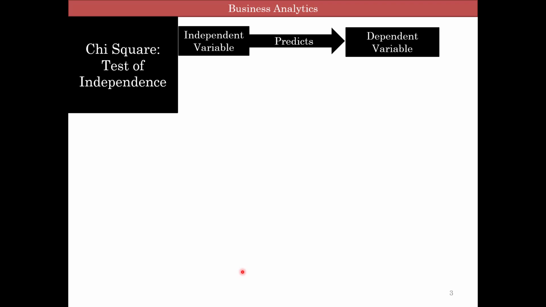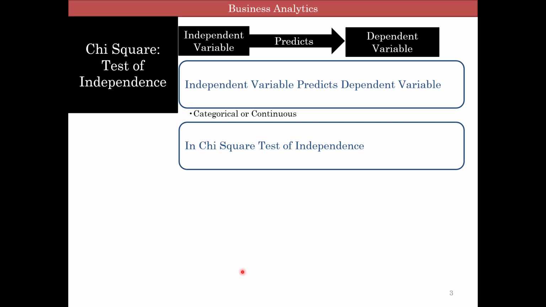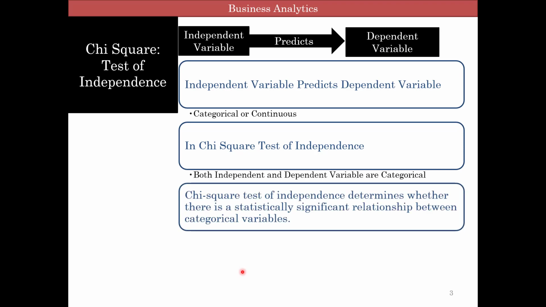And if your independent variable was categorical and your dependent variable was continuous, with two categories you use t-tests, more than two categories, you use analysis of variance, right? But in chi-square test of independence, we get a situation where both our independent and dependent variable are categorical.